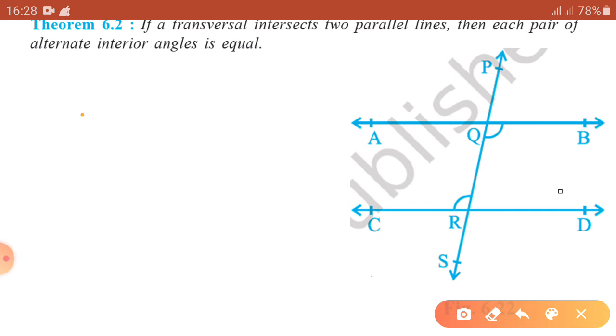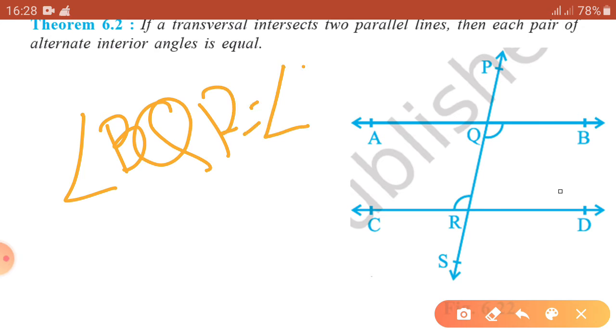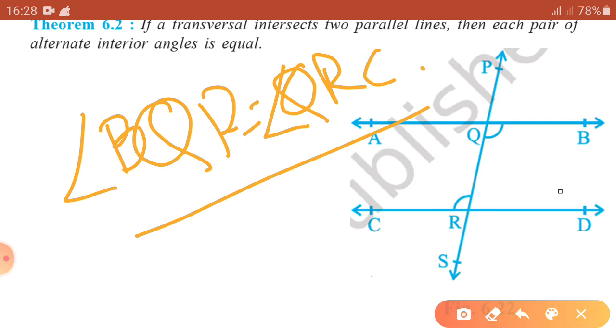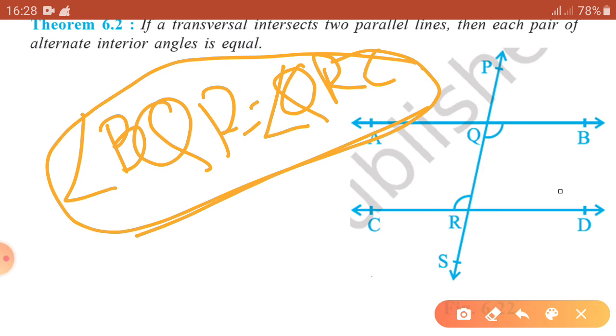But angle BQR is equal to angle QRC. Okay, got it? Because it is given in the question.